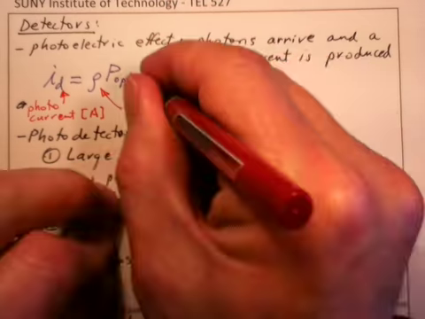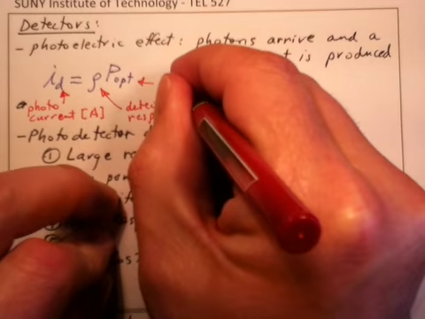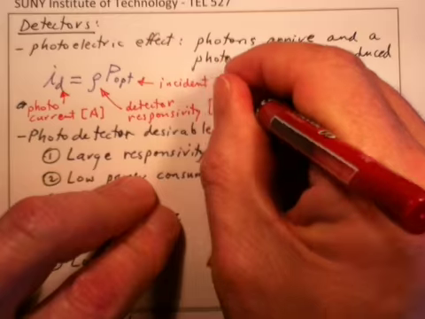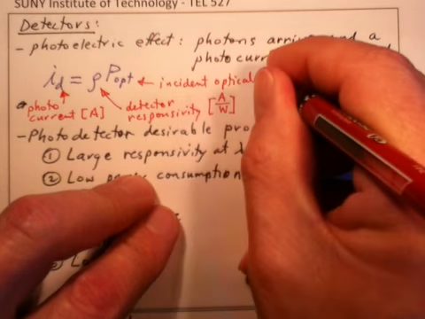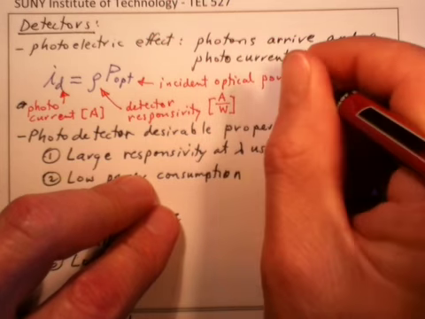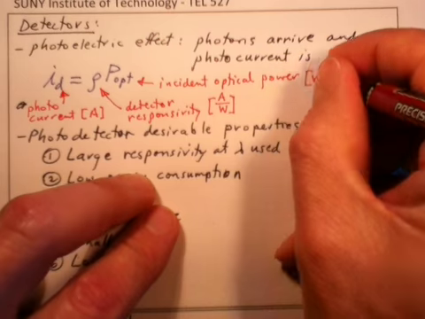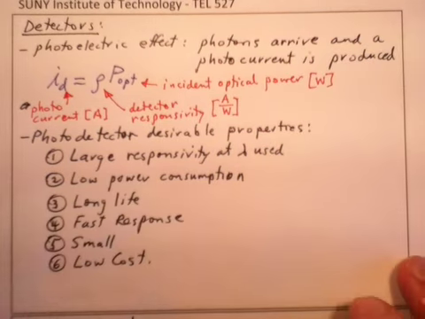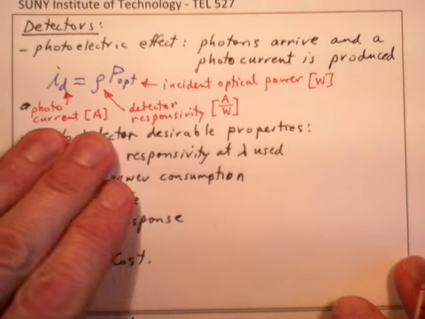Finally, this is the incident optical power, P optical, and it has units of watts. Okay, so that's the basic equation which shows how our detectors are going to work.